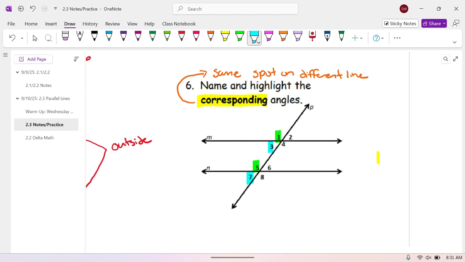What about 2? 6. So that means that 4 and 8 are other corresponding. Now, if they're in the same spot, what do you think the relationship is? They're congruent. They're in the same spot, they're definitely congruent to each other because they're essentially the same angle.